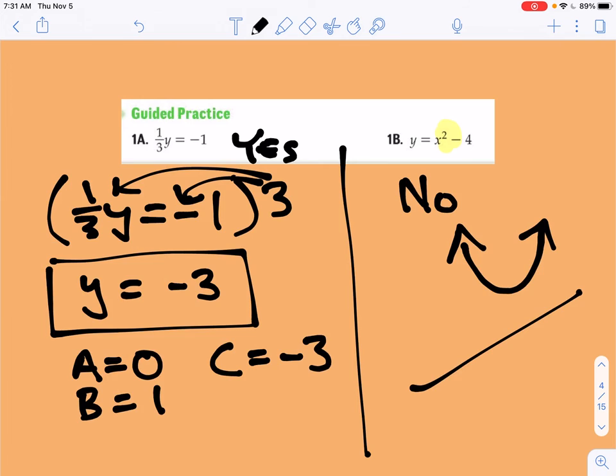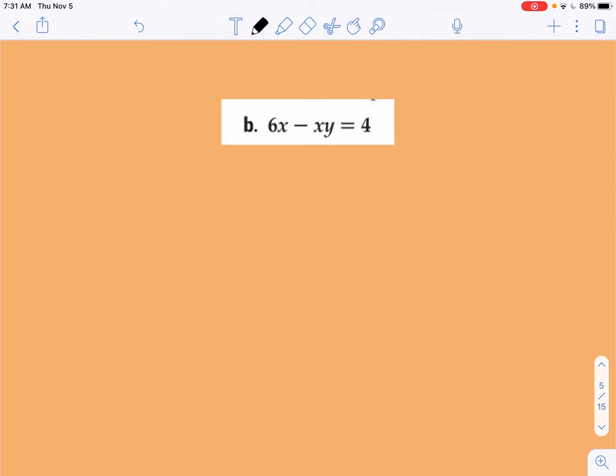Okay, last example here. So if you look at this one, hopefully something else jumps out at you, and it should be this term right here. You've got x and y multiplying by each other. And because you have x and y multiplying by each other, that is not a linear equation. Because what would happen is if you tried to actually get everything combined, you would wind up with a variable in the denominator.